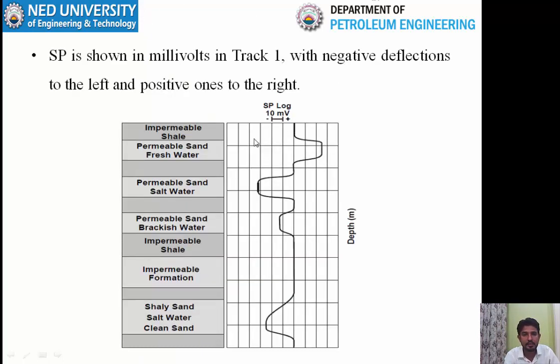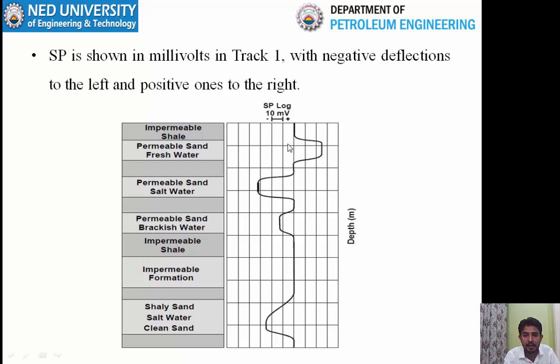Basically again this figure shows the SP log values, and again basically you can see in the shale zone the line is basically straight. It's called the shale baseline, basically the line that is used as a reference.